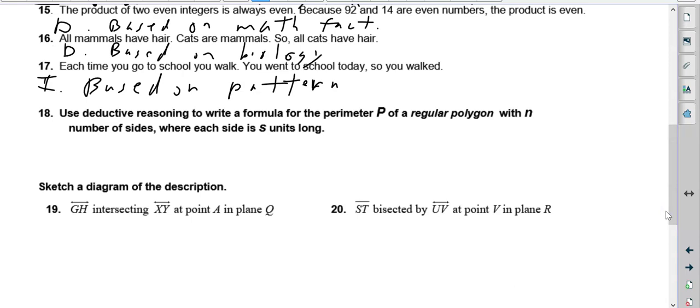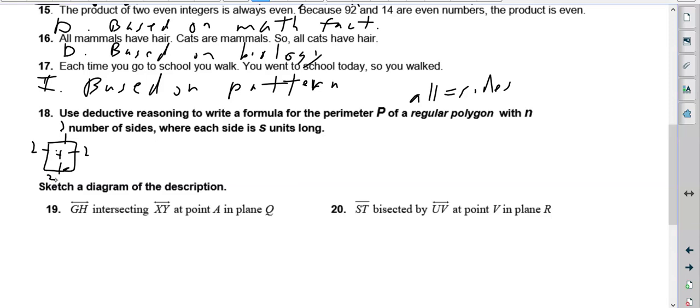All right, use inductive reasoning to write a formula for the perimeter of a regular polygon. Okay, regular means all equal sides, technically, and angles, with n number of sides, where each side is s units long. Well, let's think about this. If we had a square, okay, a square has 4 sides, and if each side was 2, the perimeter is when you add up the sides.